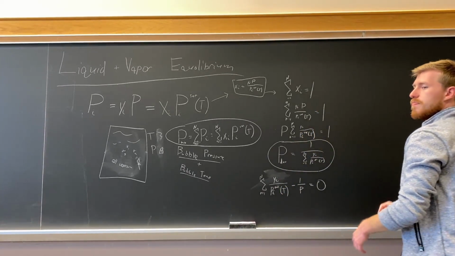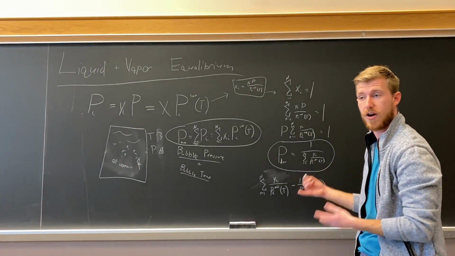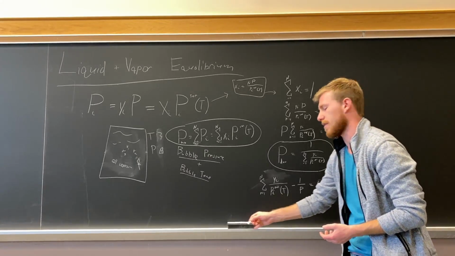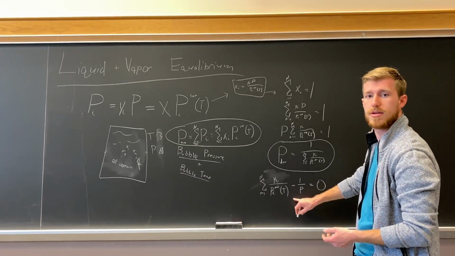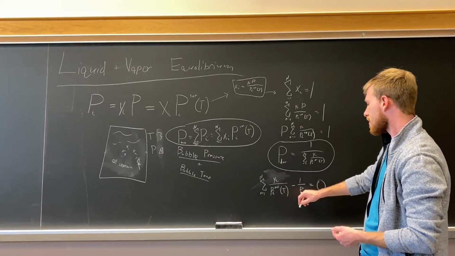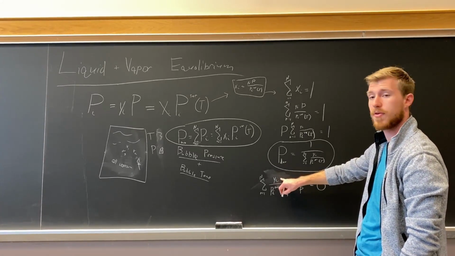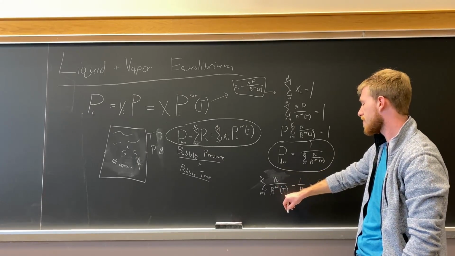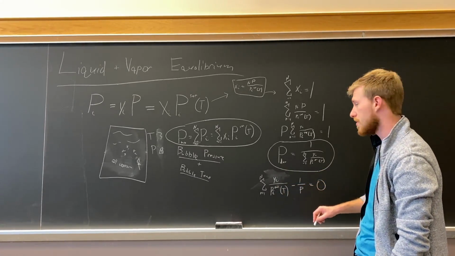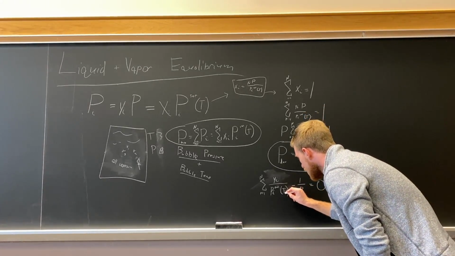We now have something that's prime and ready to be put into some kind of root solver function in Python, like we're going to do later, or using a mathematical graph of some kind to find the zeros of the function. Knowing this, because this is what we're locked in at, we know the vapor composition, and we're looking for this, we can figure out for what input T this is equal to 0. So this will be really good for our T.